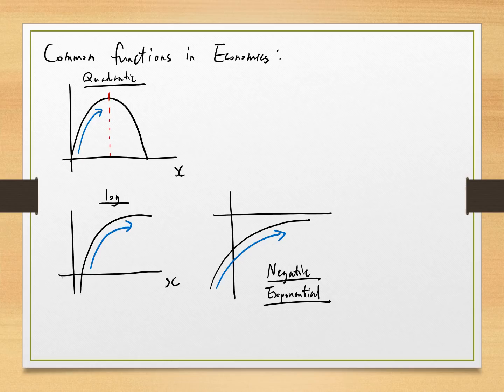They're going up and they go up slower and slower and slower. In economics, this is a very important property for theoretical reasons. We think that this is actually a realistic assumption, that utility and production go up slower and slower. Is that something you have learned in basic microeconomics?